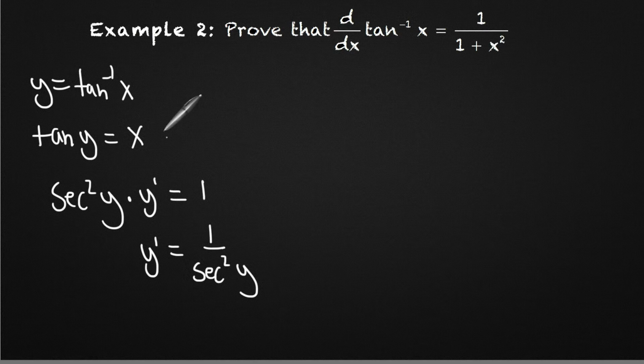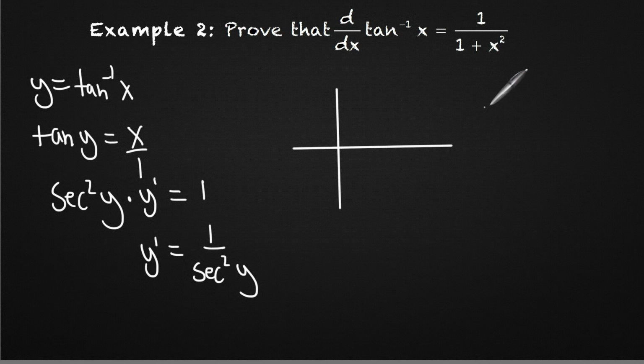All right, so over here, we have already established that the tangent of some angle y is x over 1. So I'm going to draw a triangle here, and we will label this triangle with the proper sides: the opposite over the adjacent.